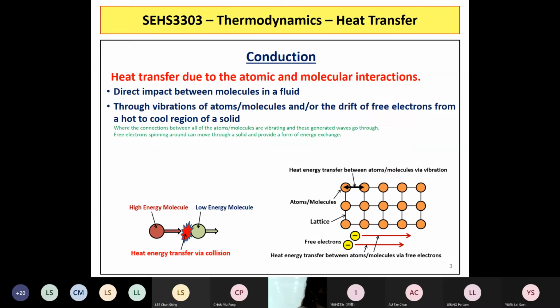Now, let's go through these three types one by one. First, conduction. Sometimes we call it conductive heat transfer. In essence, it is heat transfer due to the interaction of atoms or molecules.